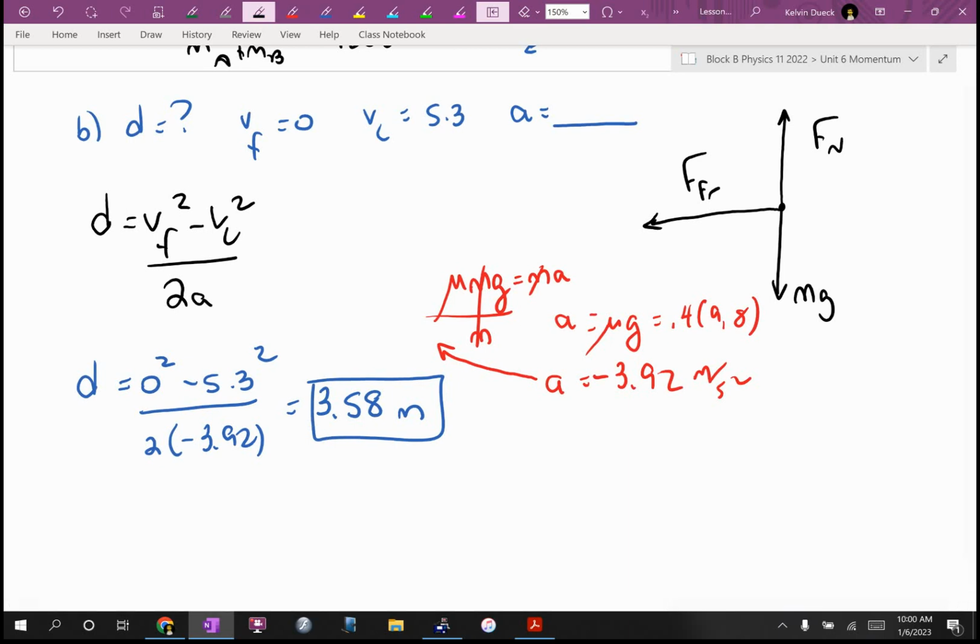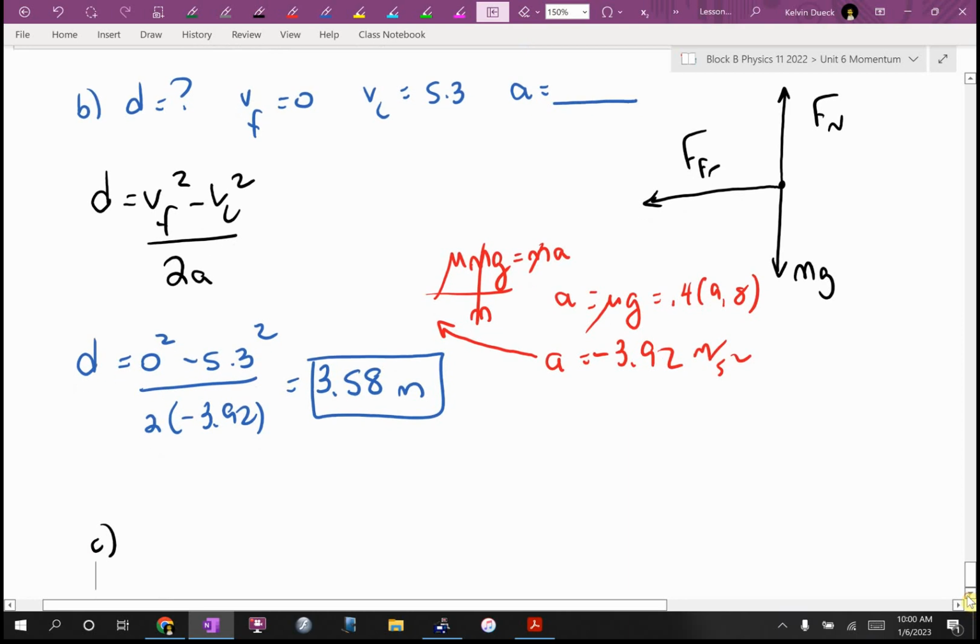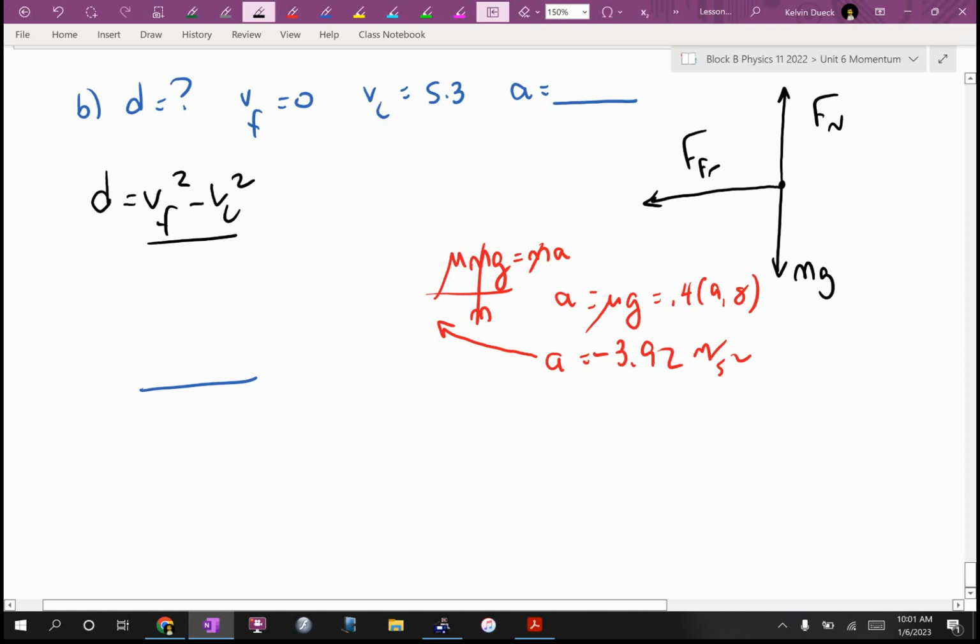Last thing it wants me to find is the force on one car. Now, one way for me to do this is I could go F equals ma, and then I can pick a car, either car A or car B, and find the acceleration of either car. The other way that I could do this is I could find the impulse on one car.